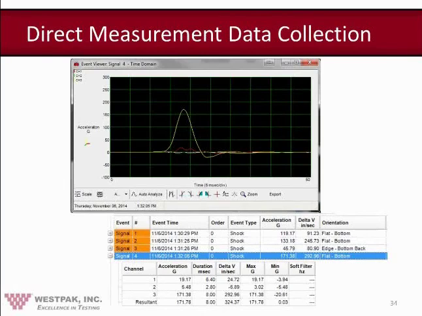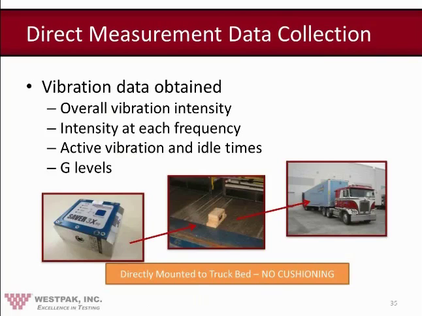And it was the 4th event of the recorder, which means it's the 4th drop, and it was dropped on the flat bottom orientation. The G's that it saw was around 171, and the delta V was 292. Then you do some calculations, and you could actually get an equivalent free fall drop height with that number. And Herb is going to talk about vibration measurement right now.